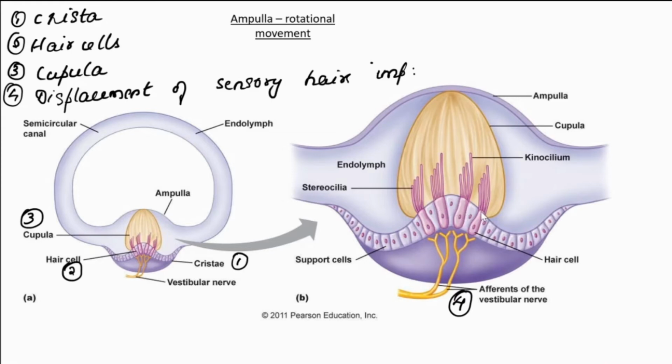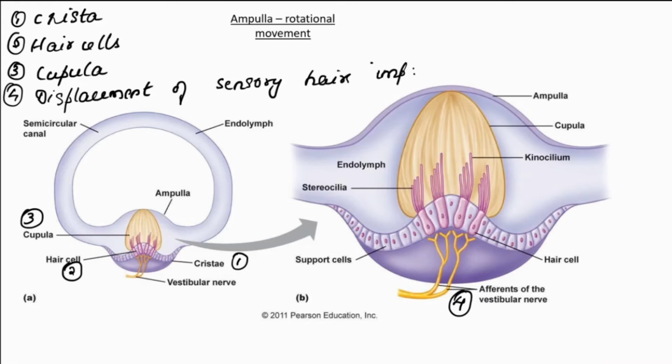The hair-like projections of these hair cells are embedded in a gelatinous mass. What's the name? Cupula. The hair-like projections are embedded in a gelatinous mass called cupula.